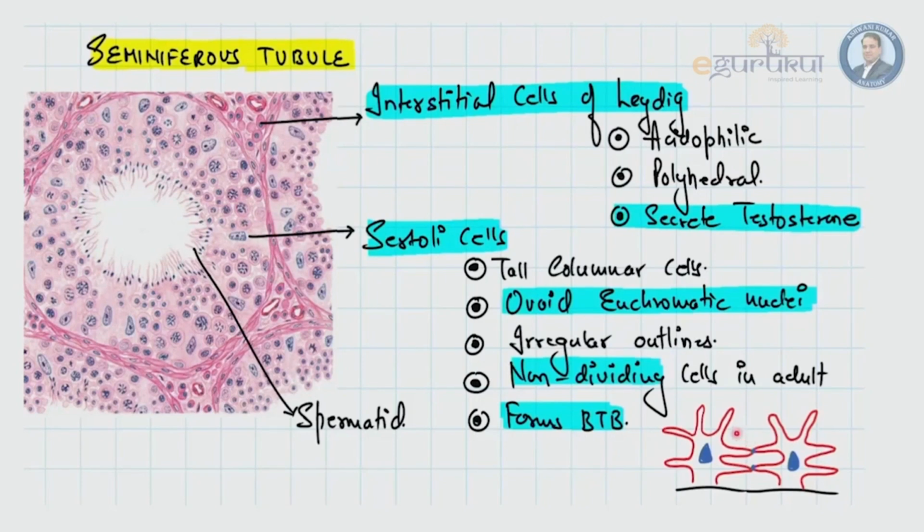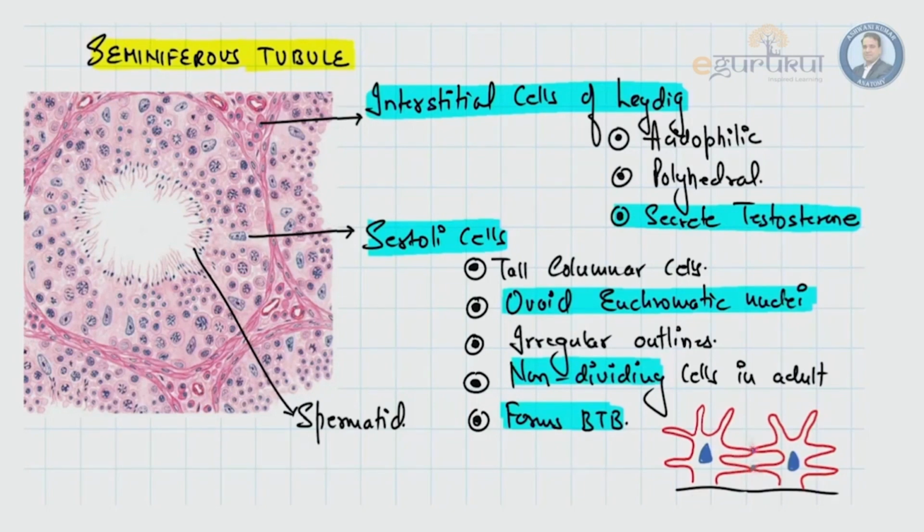And if you look at the schematic diagram here, these are the Sertoli cells, and look at these appendages of the Sertoli cell which are connected to each other by tight junctions or zona occludens, which form the BTB, that is the blood testis barrier. So the blood testis barrier is formed by the tight junctions between these Sertoli cells.